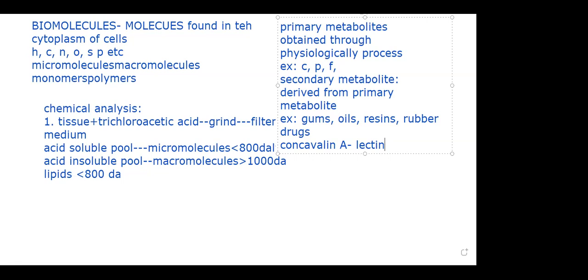So like this we have primary metabolites and secondary metabolites. Under chemical analysis, we can extract the primary and secondary metabolites. There is one more method of analysis, finding out the dry weight, where the biomolecule is burnt and dried and its weight is analyzed.